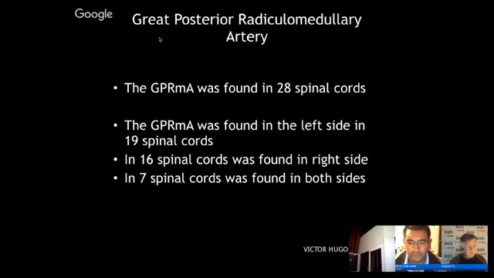This posterior radiculomedullary artery was found in 28 spinal cords. It was found on the left side in 19 spinal cords, on the right side in 16 spinal cords, and on both sides in 7 spinal cords.